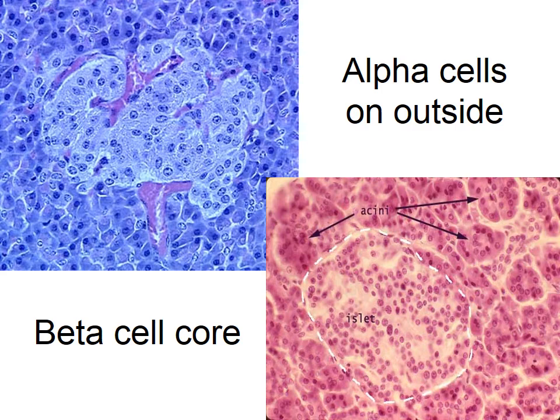And the main types of endocrine cells in the pancreatic islets are the alpha cells and the beta cells. The alpha cells tend to be round about the outside of the pancreatic islet, whereas the beta cells tend to be closer into the middle. So in a normal pancreas, remember, there will be over 1 million of these microscopic pancreatic islets.